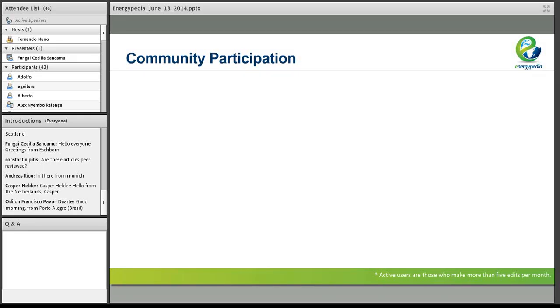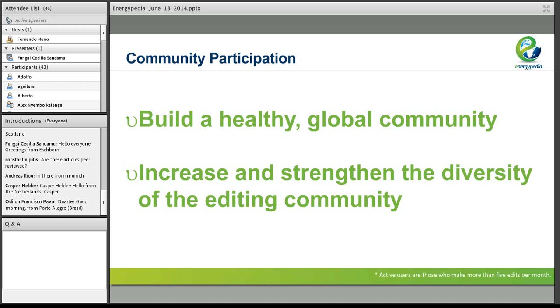Community participation. Sorry, we seem to be having a technical problem and a graph is not showing up here, but I'll basically just go through the content of it. What we have in terms of community participation, the editing community is actually the lifeblood of Energypedia, and this community is critical to our future. Any registered Energypedia user can edit content, and we strive to have a huge and diverse set of contributors.